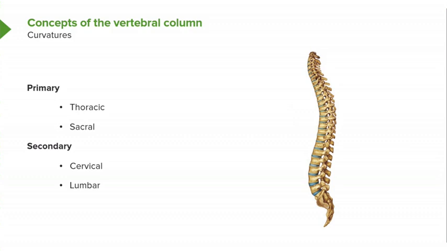And we'll pause here just for a moment of reflection. Let me ask a basic question related to the curvatures, the primary curvatures. Why would we wish to have primary curvatures in the thoracic and sacral areas that are concave in their appearance?